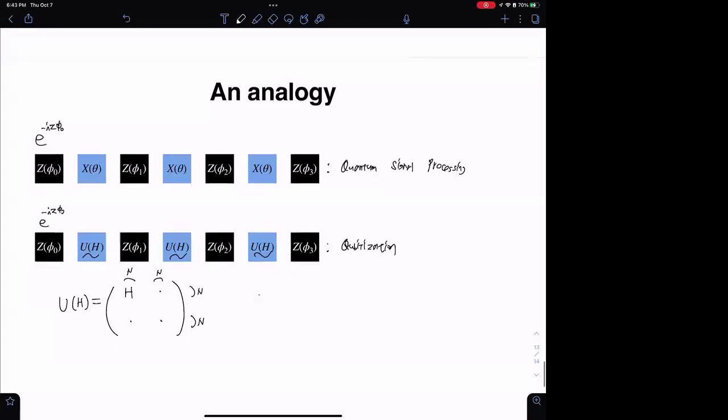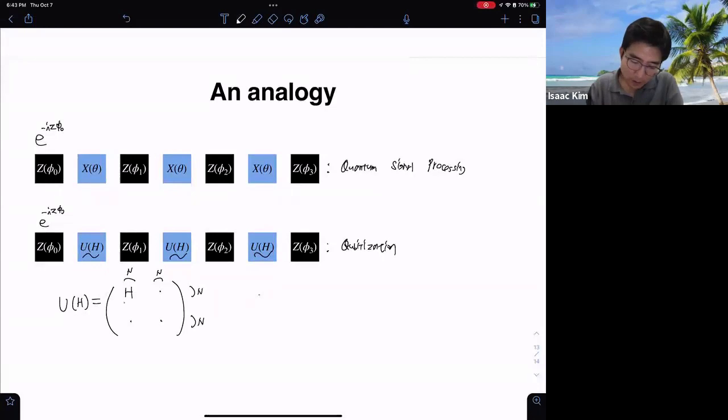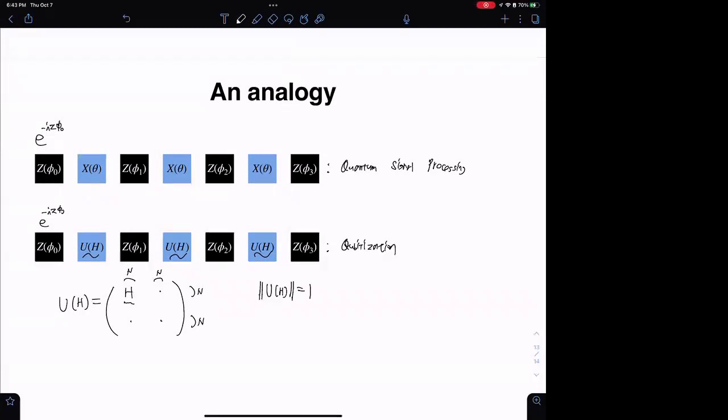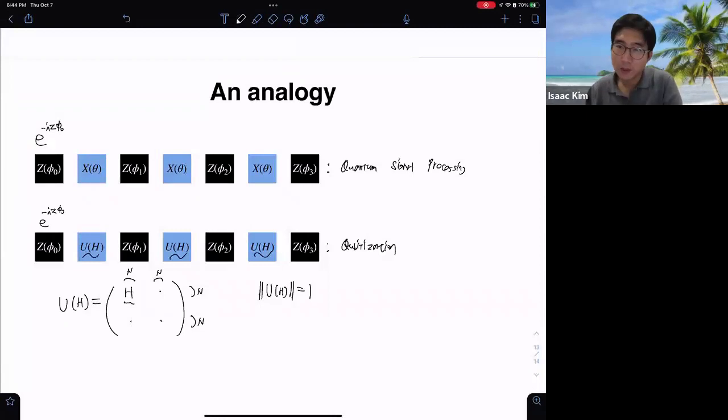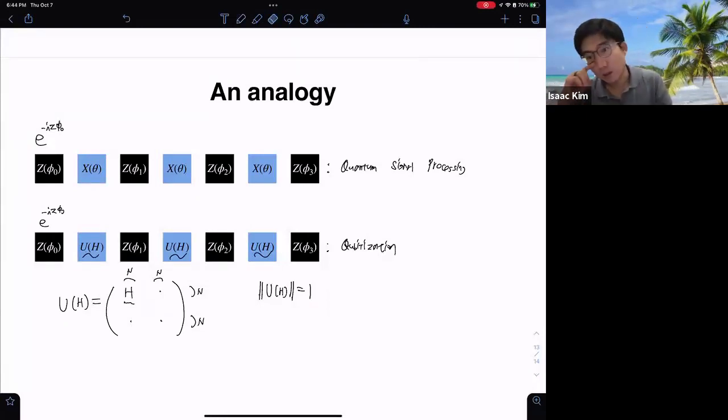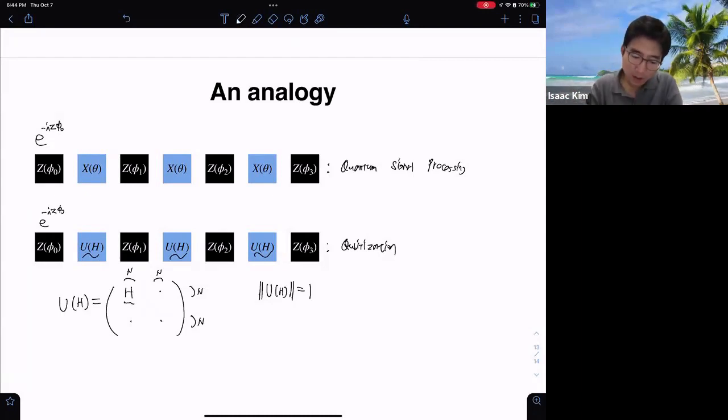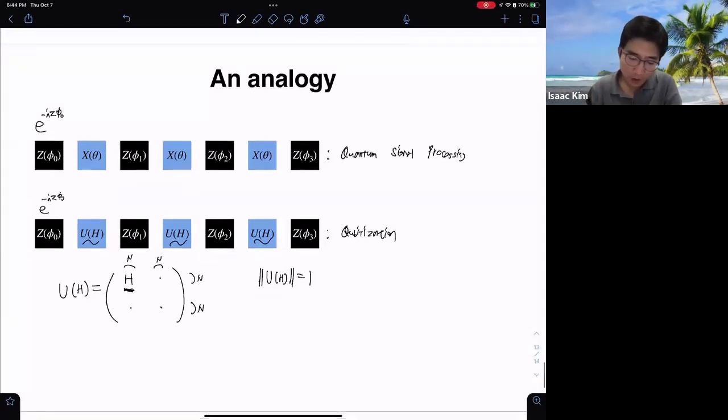Maybe I should mention that unitaries have a norm of 1, meaning that all their eigenvalues are e to the i theta, so their modulus is always 1. So obviously, if the norm of H is too large, then this is going to be actually impossible.